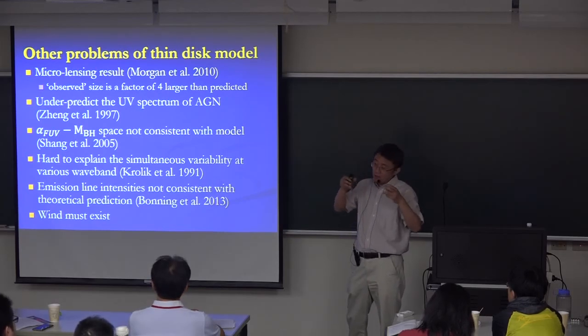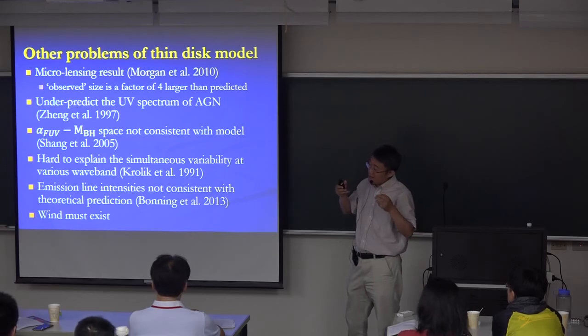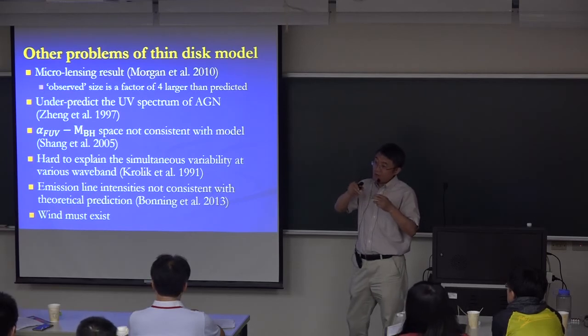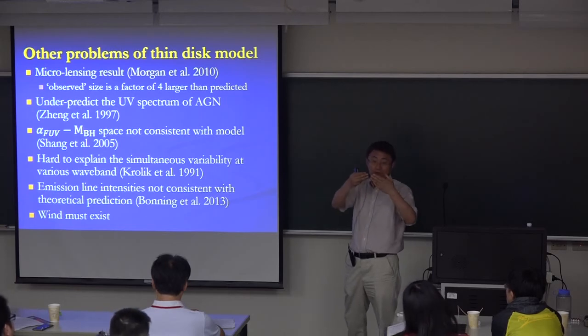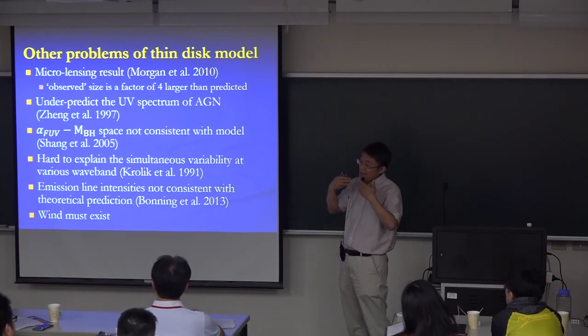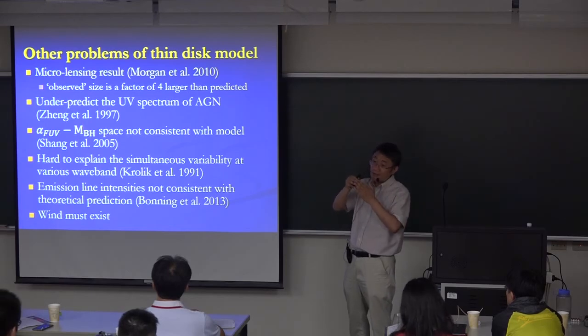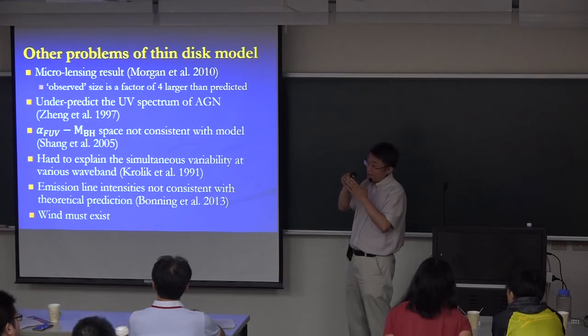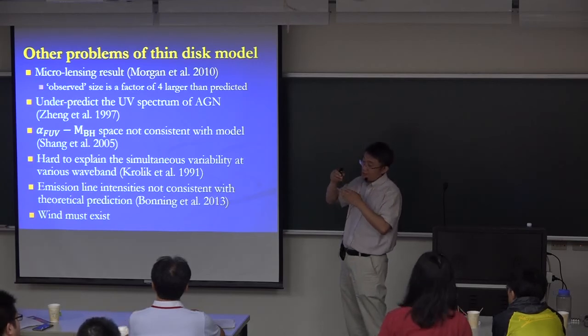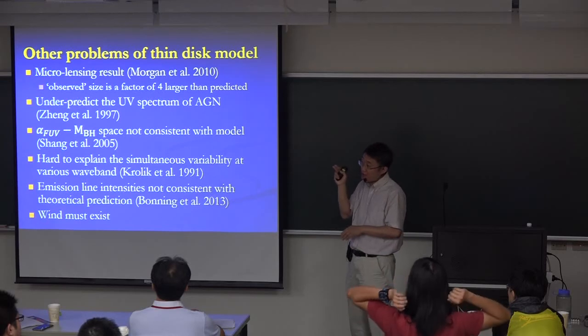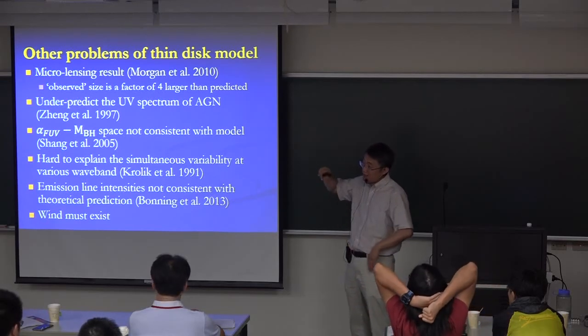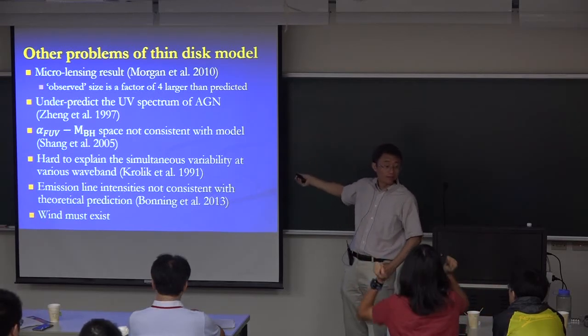The galaxy, of course, is composed of many stars, and these stars are moving. The radiation coming from the accretion disk passes through these stars, and when the light is close enough to a star, we have a general relativity effect, which means the light will be bent. So we will have some variability because of this microlensing.